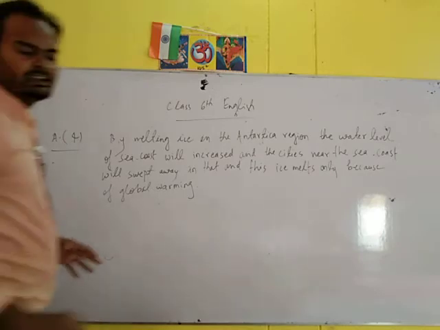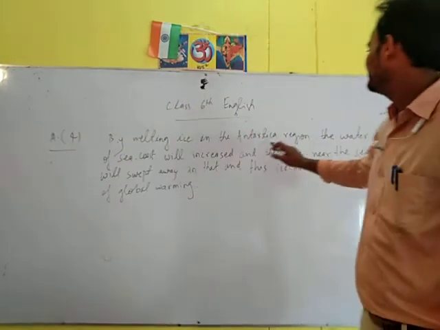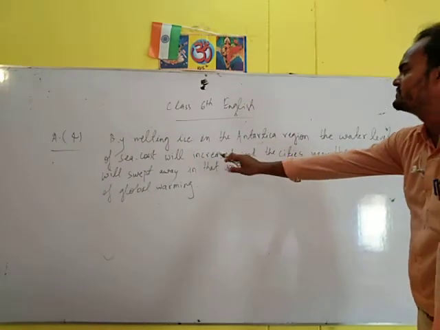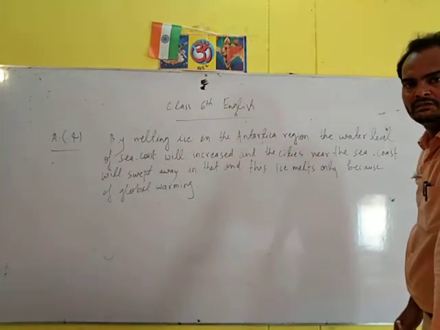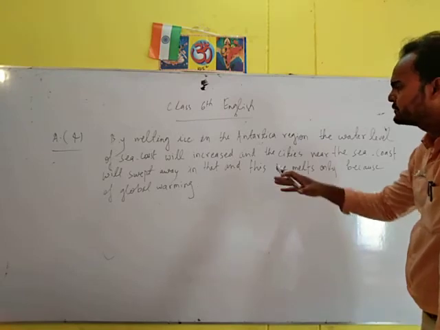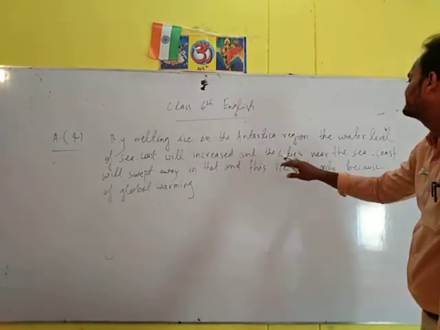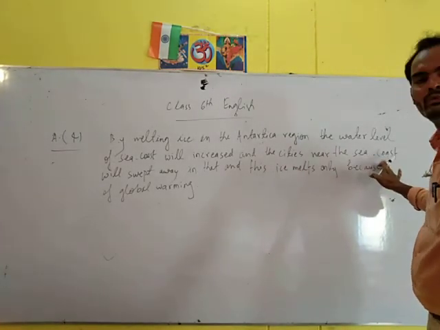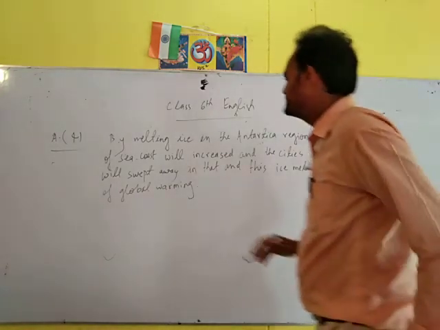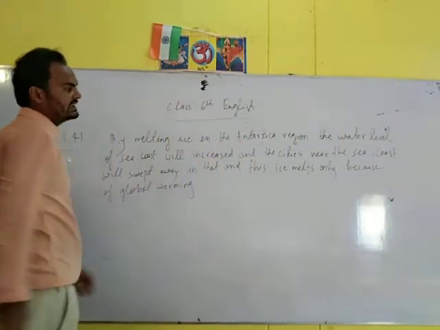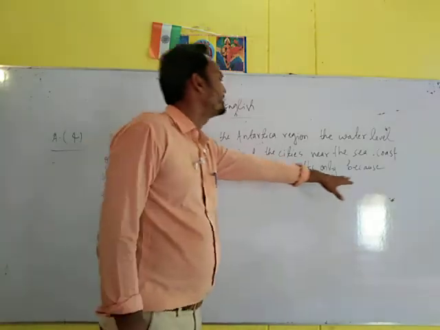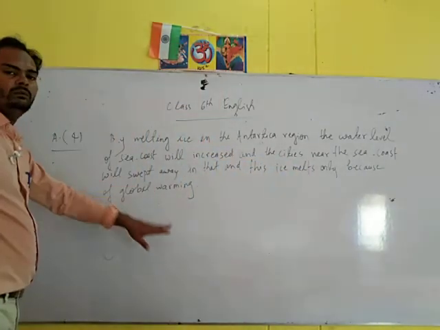So by melting ice in the Antarctica region, the water level of the sea coast will increase. When that ice melts, the water level of the sea will increase, and the cities near the sea, like Mumbai and some other cities, will be swept away, and this ice melts only because of global warming.